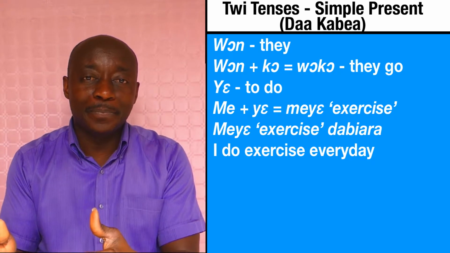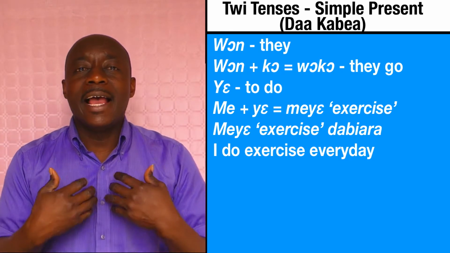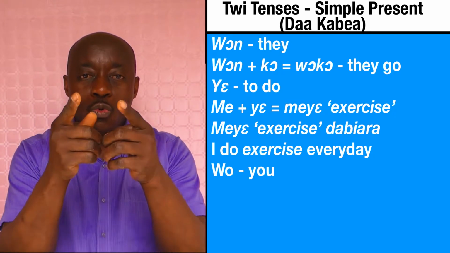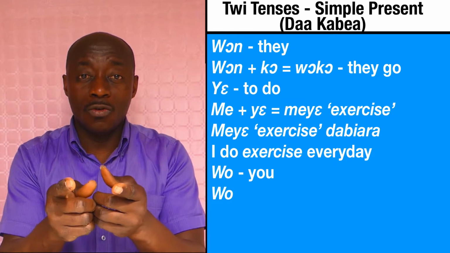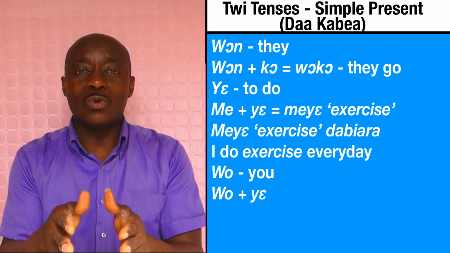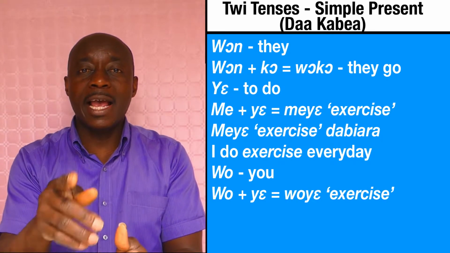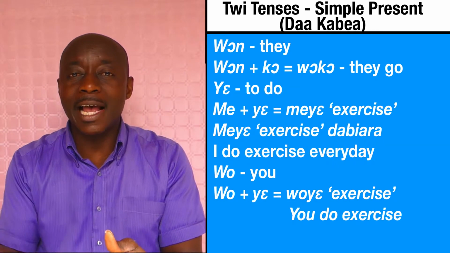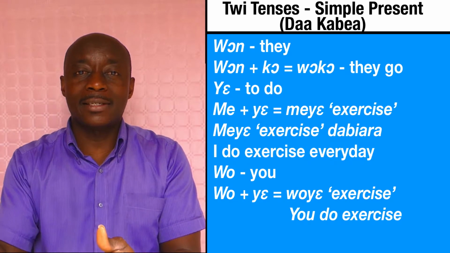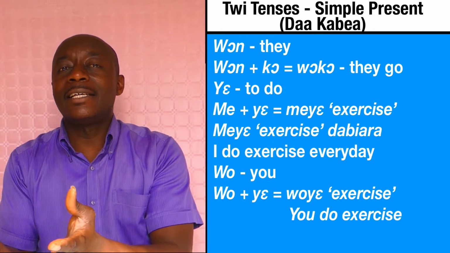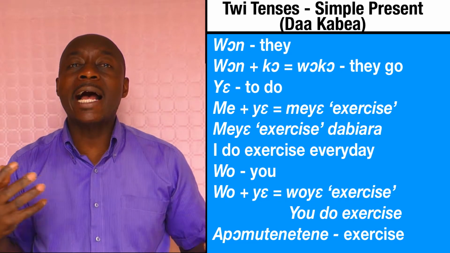So me ye. Good. And then let's take you, wo. Wo plus ye will get what? Woye exercise. You do exercise. In fact, exercise in Twi is what? Apomuden atene.